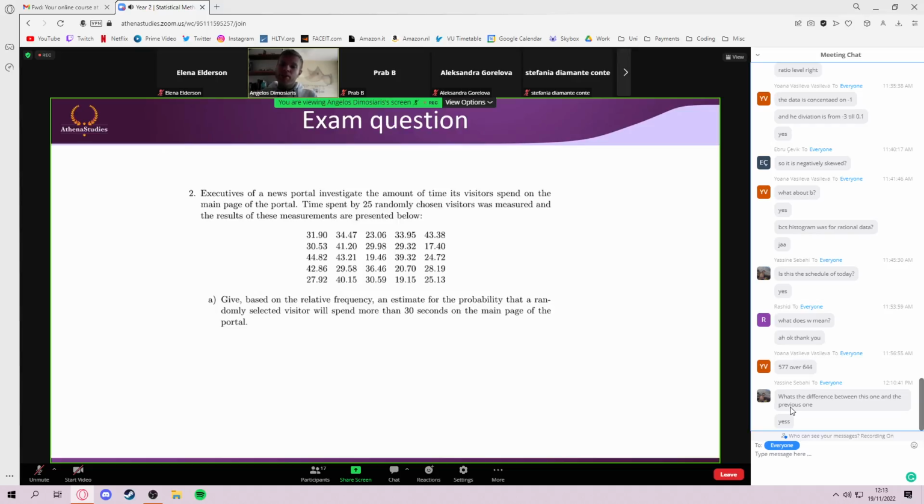Based on the relative frequency, please give an estimate of the probability that a randomly selected visitor will spend more than 30 seconds on the main page of the portal. I'm going to give you 2 minutes on that, and please feel free to spam the chat with your answer.